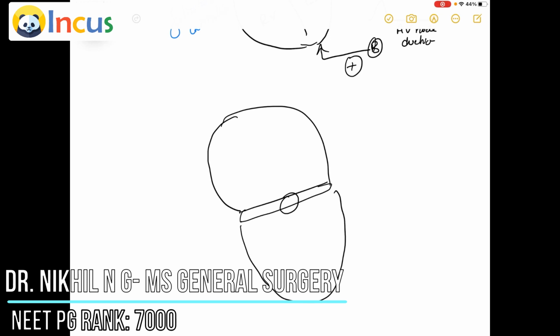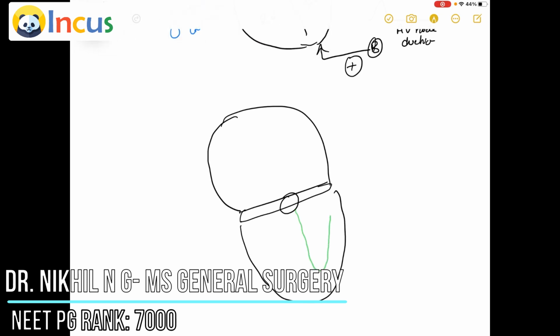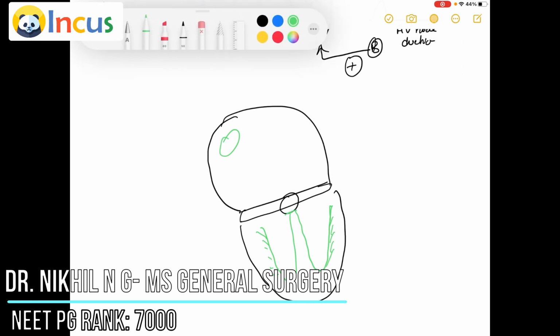So this is the ventricle. The ventricle has Purkinje fibers. This is the SA node. To explain this, the ventricle is divided into three parts.